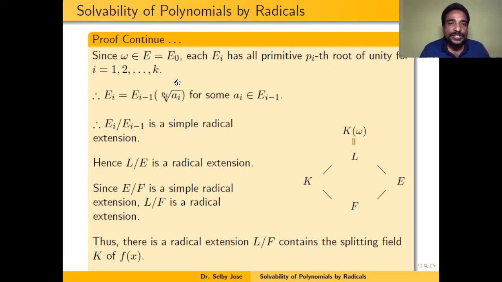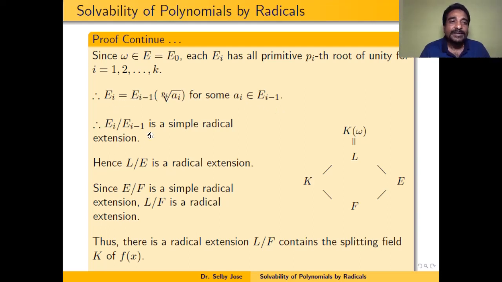So because Ei minus 1 contains all primitive pi-th roots of unity, we can write Ei as Ei minus 1 adjoined with the pi-th root of some ai, for some ai belonging to Ei minus 1.